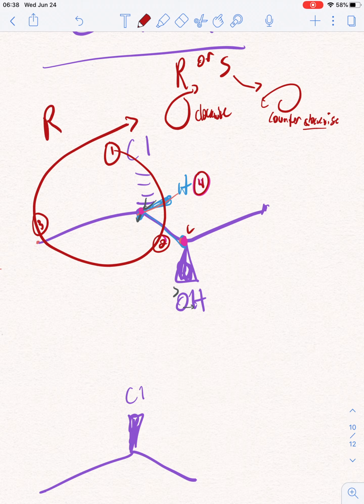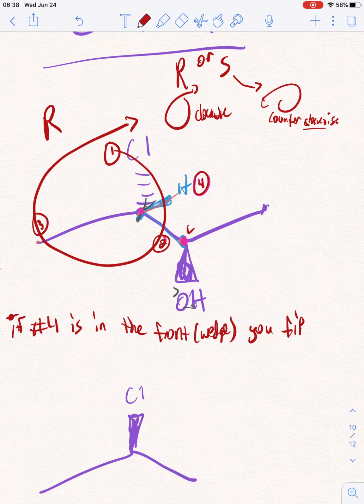But we have a stipulation with chirality, okay? If priority number 4 is in the front, aka wedged, you flip the R and S. So we found this chiral center to be R, clockwise.